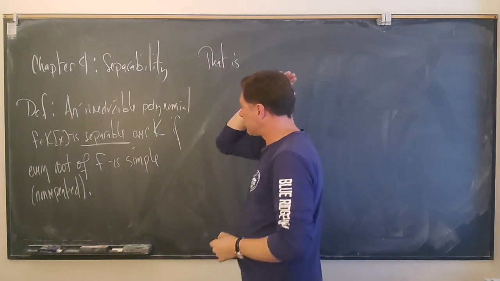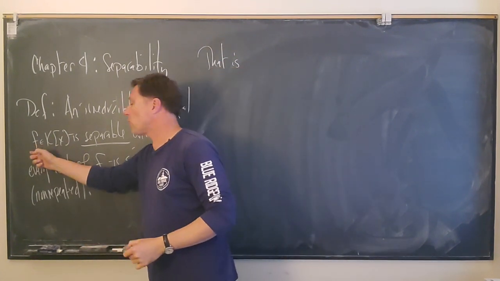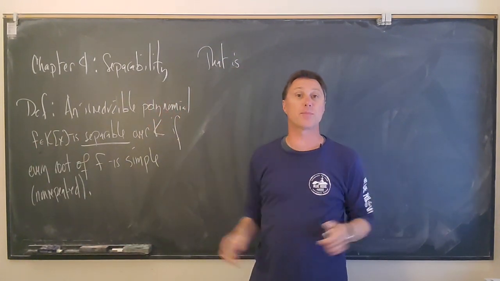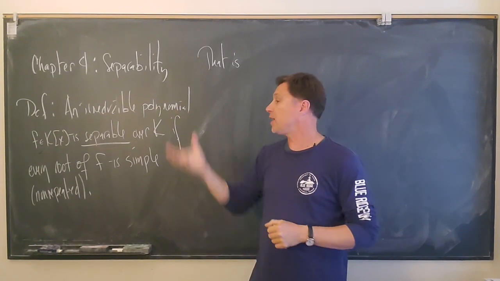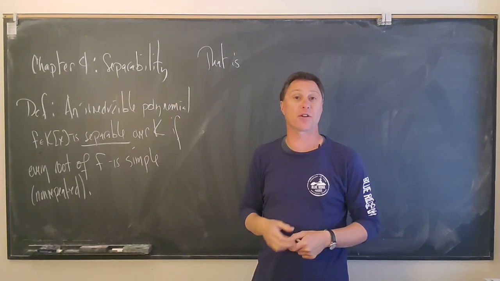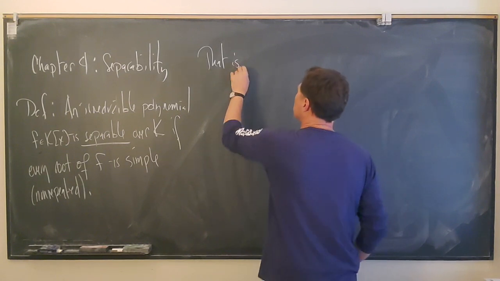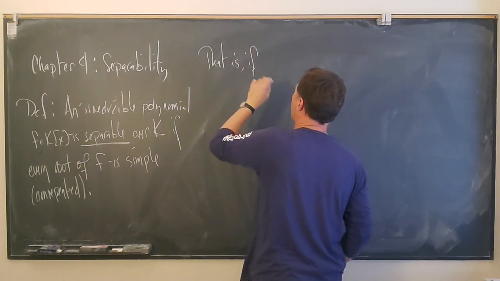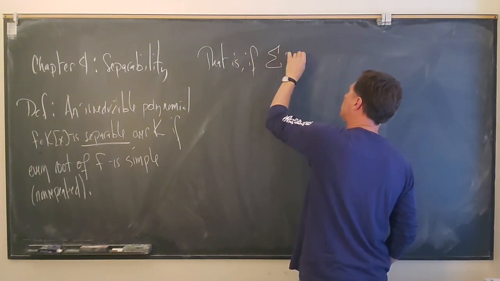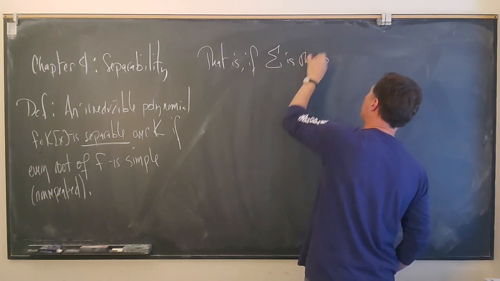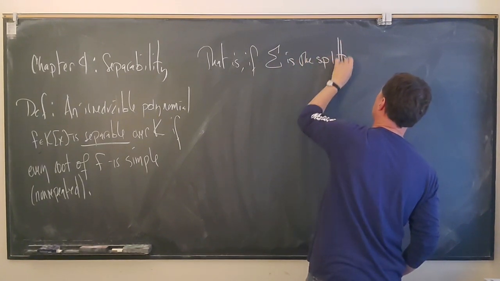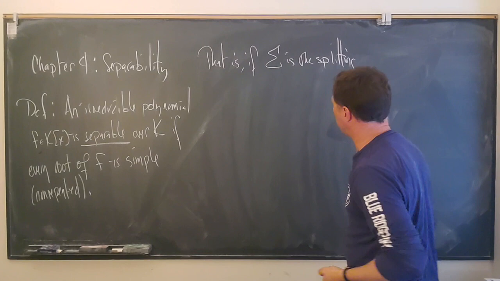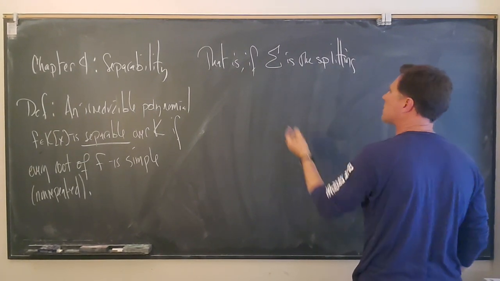So now what would this look like? Well, if you took your polynomial and you factored it in the splitting field, what you would see is you would have distinct linear factors. So that is, if sigma is the splitting field, actually, any extension over which it splits, but we'll just stick with the splitting field.